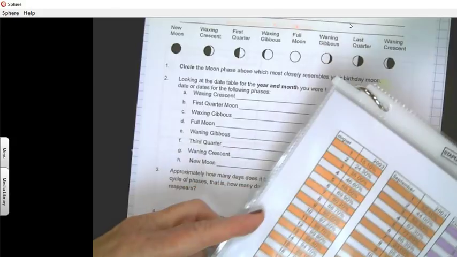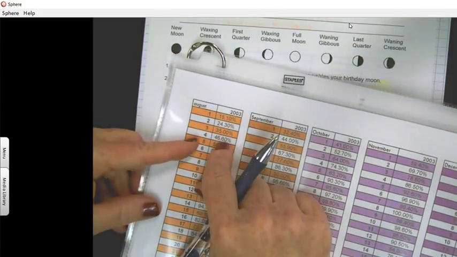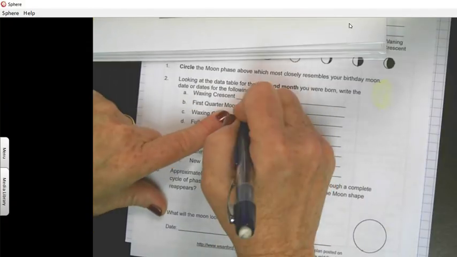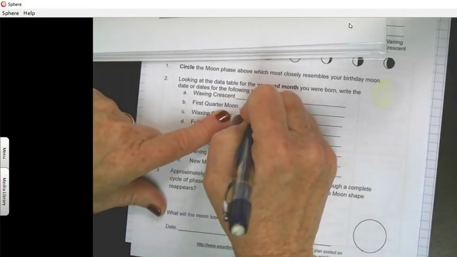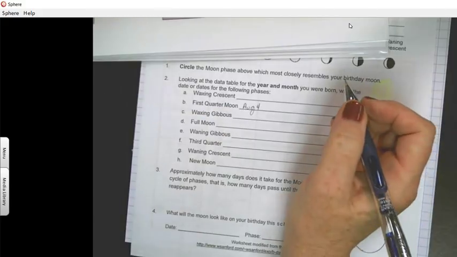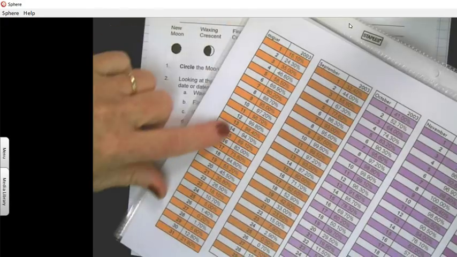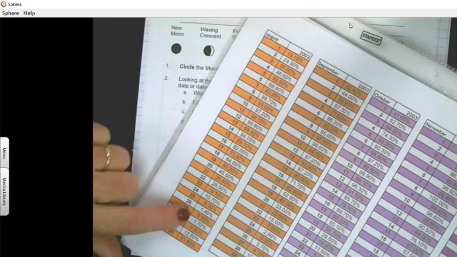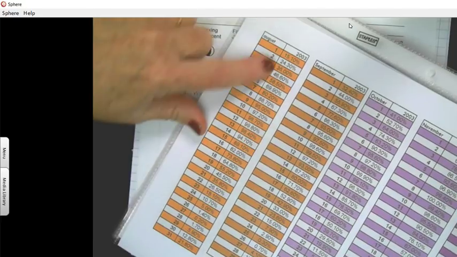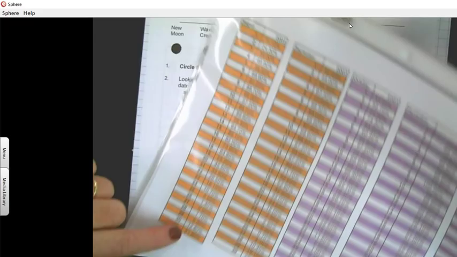So I'm going to start looking, and we said that this is my first quarter. Of course, for my first quarter moon, I'm going to write August 4th. Then I'm going to go down and see, do I have another first quarter? Not that I'm aware of. Maybe the 31st.